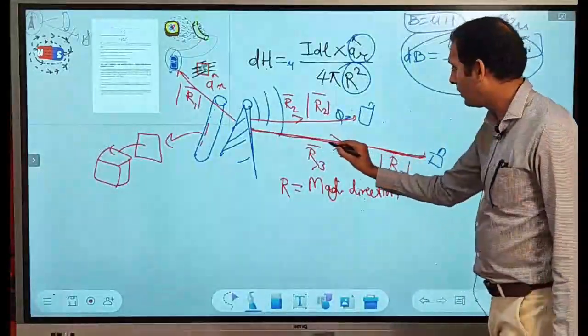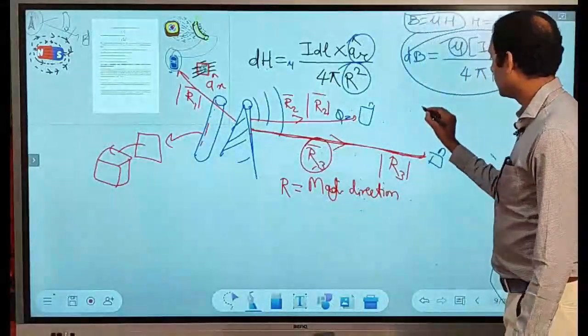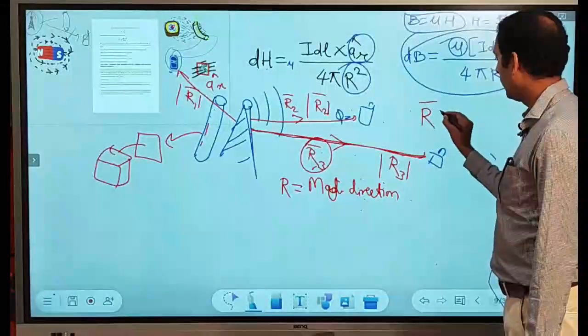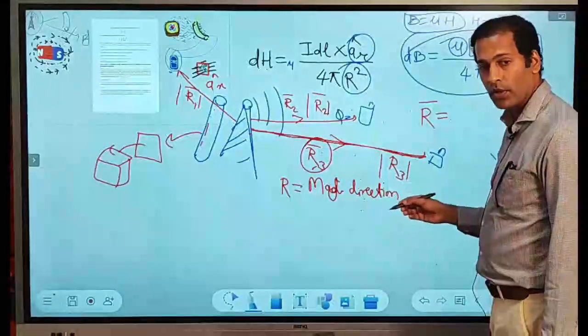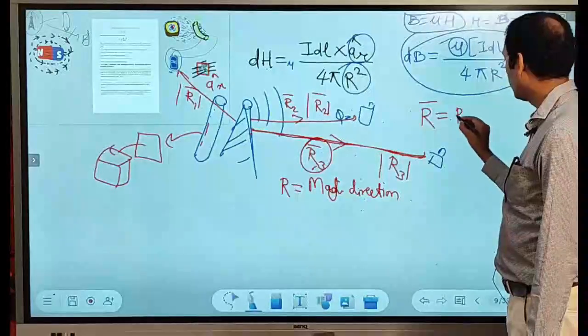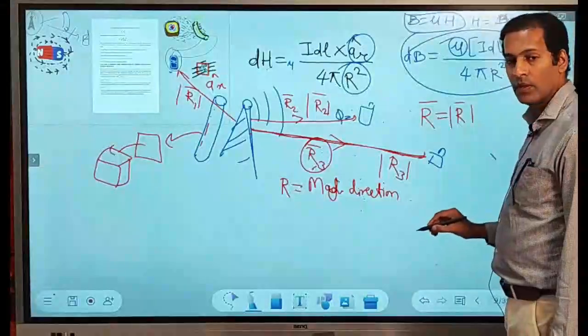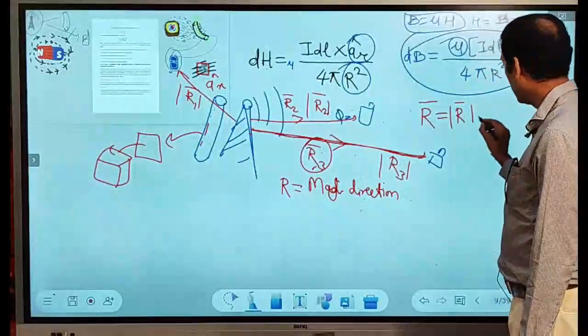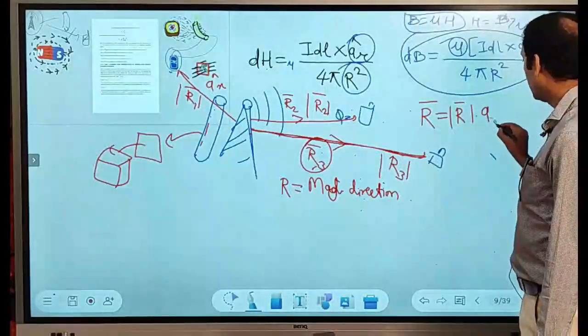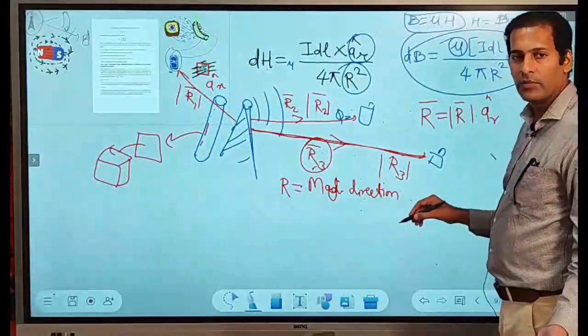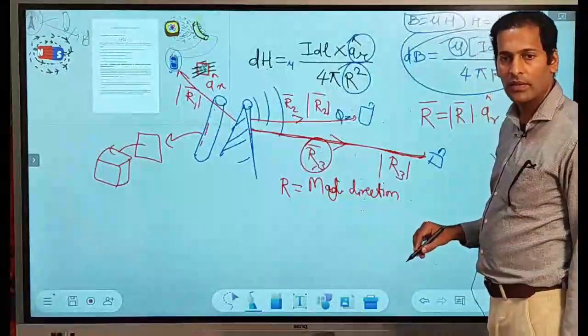So this r bar as a vector, which is very important, is the product of the magnitude of r into the direction. In general we write it as aR cap, but it may be ax, ay or az.